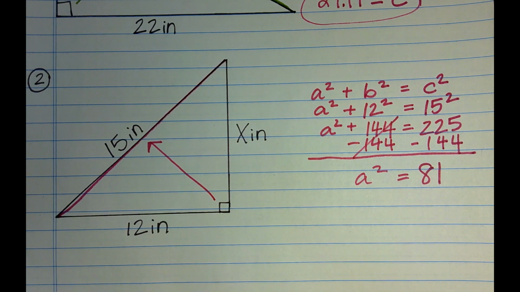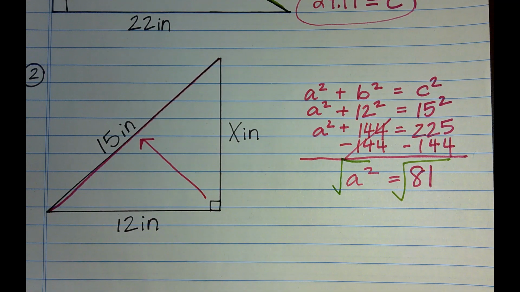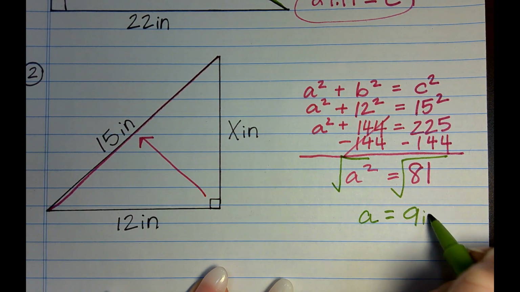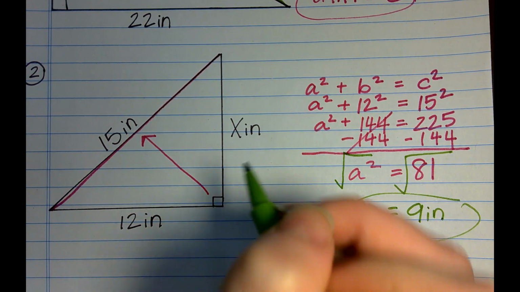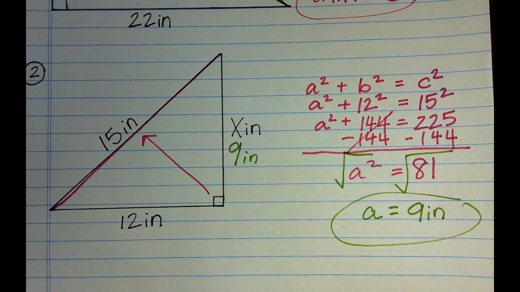I might have accidentally given you a nice number. Okay, so how do I find A now? Square root. Okay, and the square root of 81 is 9. So 9 inches.